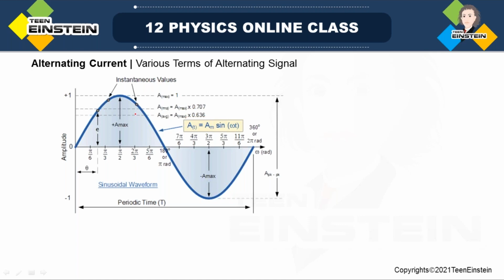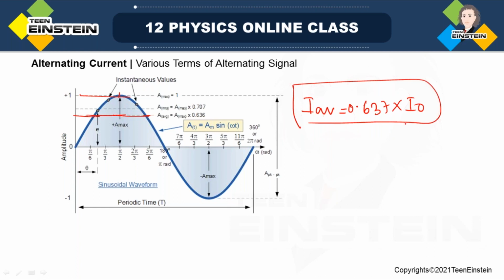I'll just clean this portion. See, this is the line of the average value, whereas this is the maximum value. The average value or mean value is 0.637 into I0. This is the relationship of the average value, obviously defined in half cycle.